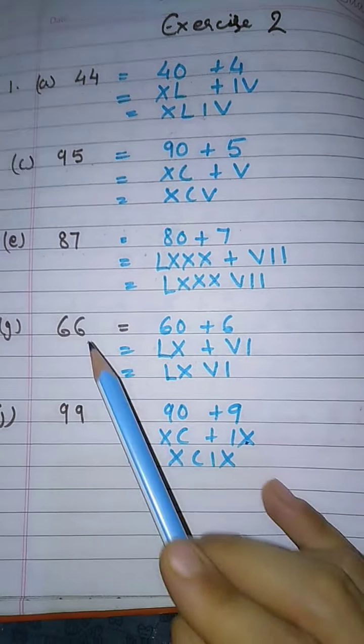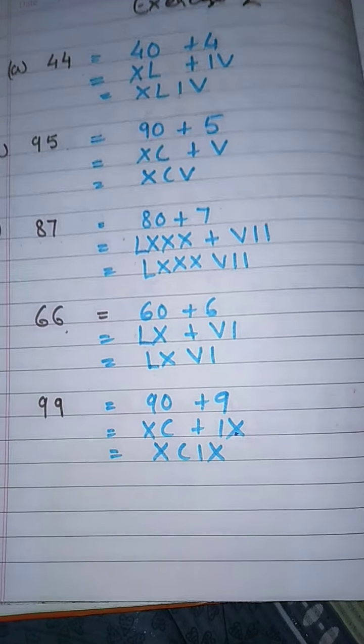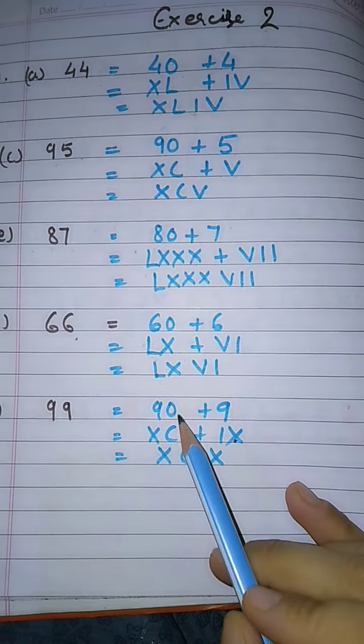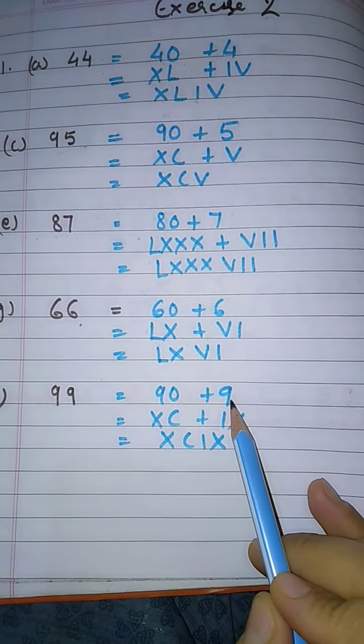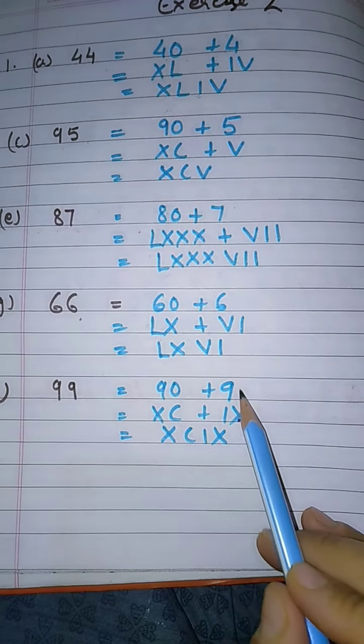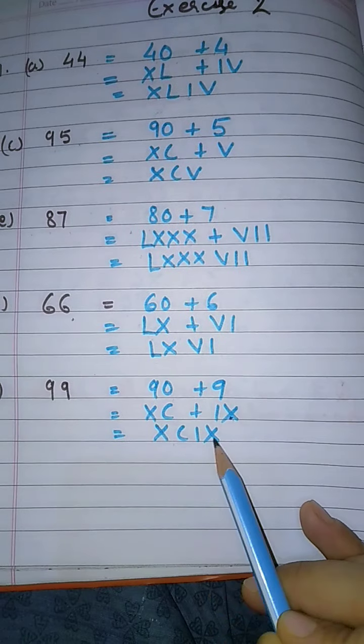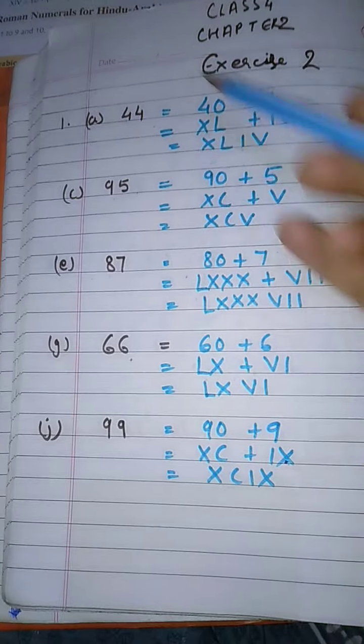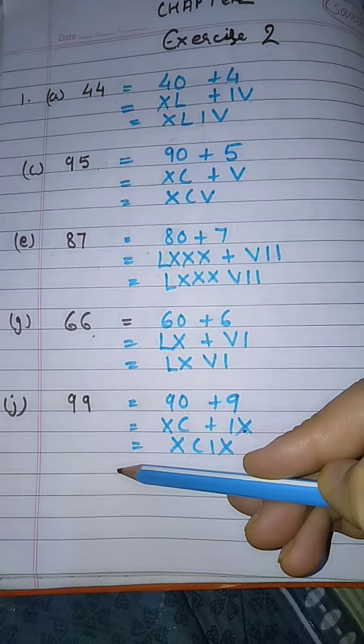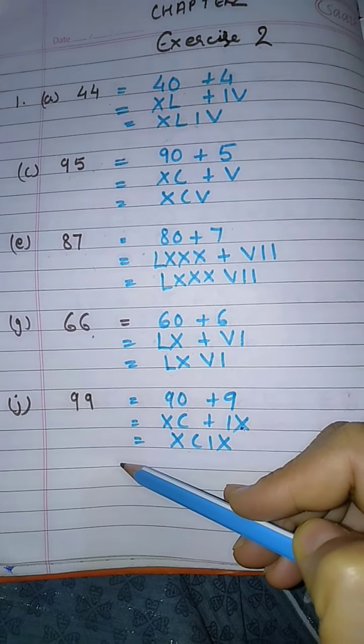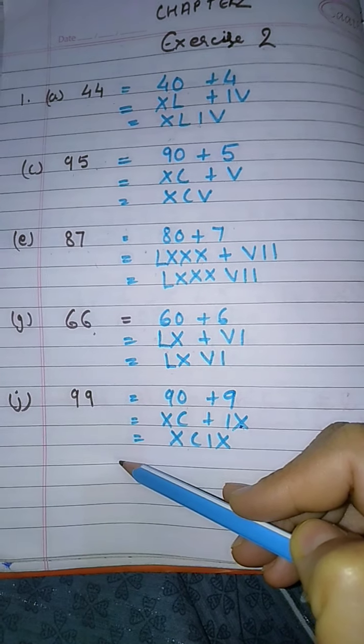So LXVI is your 66. Next is 99. Let us break 90 plus 9. 90 is XC, 9 is IX. So XCIX is your 99. So these are the 5 questions which I have solved from the first one, and rest you will be solving with the help of these.